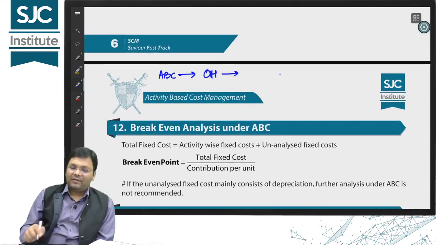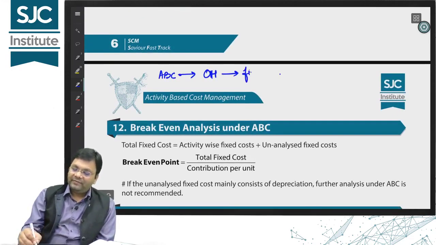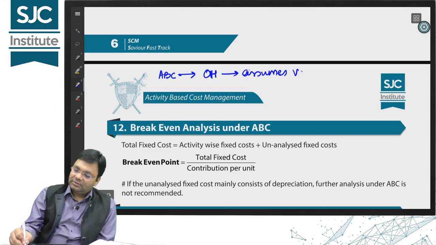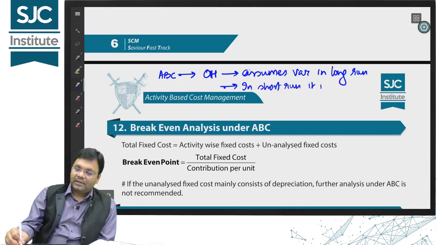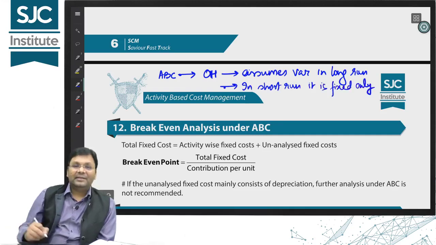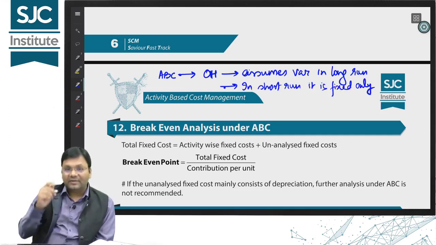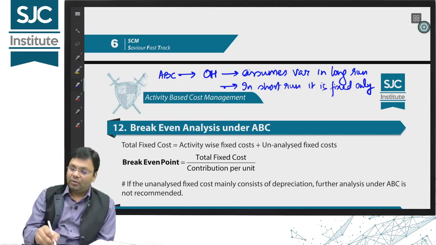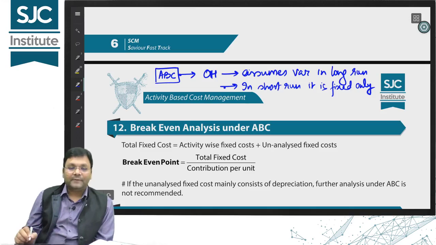ABC assumes overhead to be variable in long run. In short run, it is fixed, just like traditional costing. So this is one new concept to be noted and remembered over here.